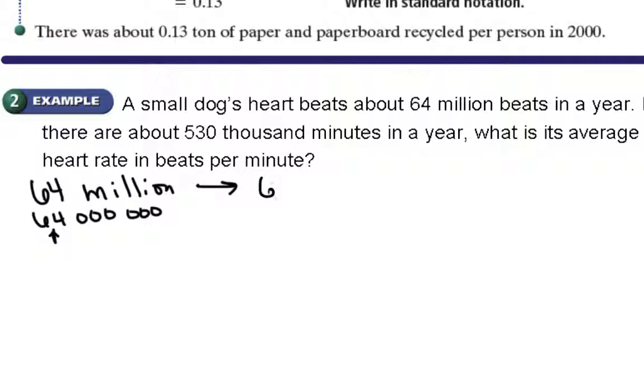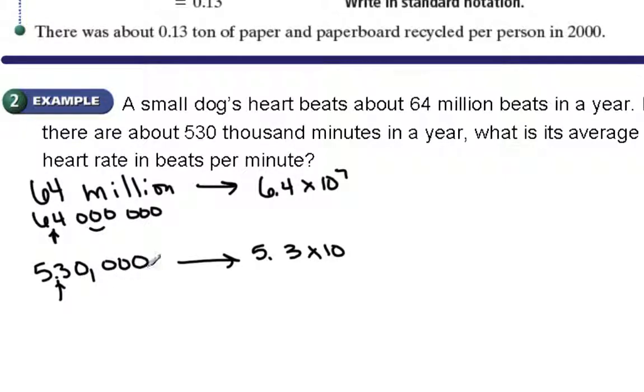So we have 6.4 times 10, we go 1, 2, 3, 4, 5, 6, 7. Right? And now 530,000. The decimal point is going to go there. So this gives us 5.3 times 10, 1, 2, 3, 4, 5.